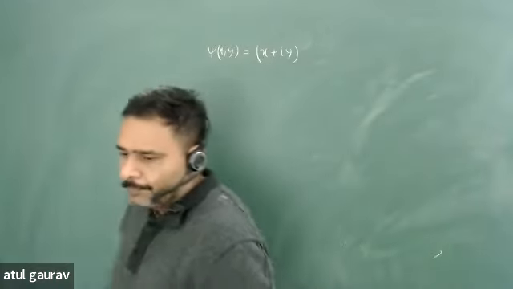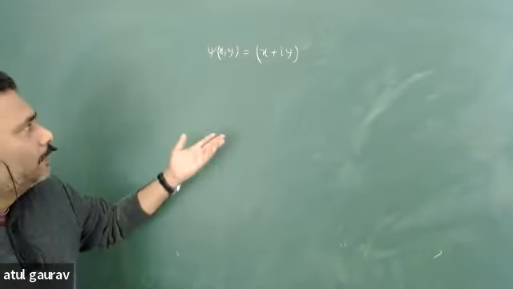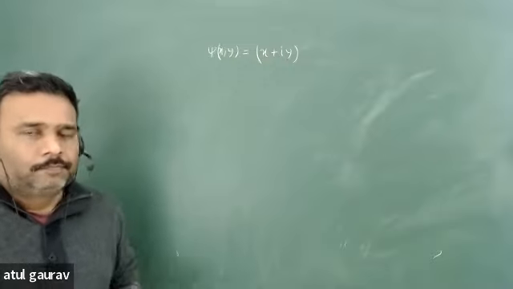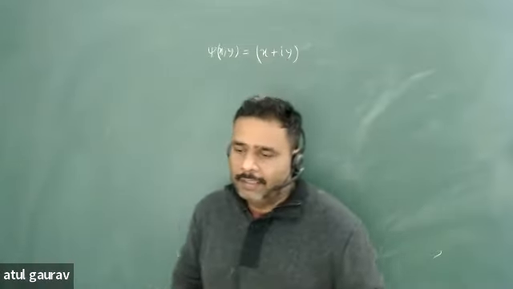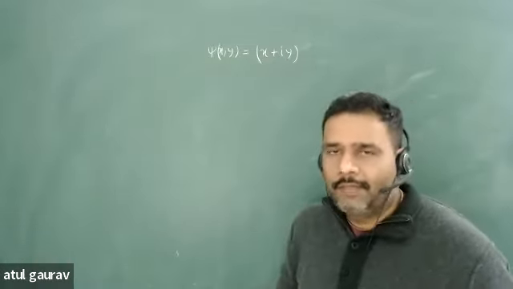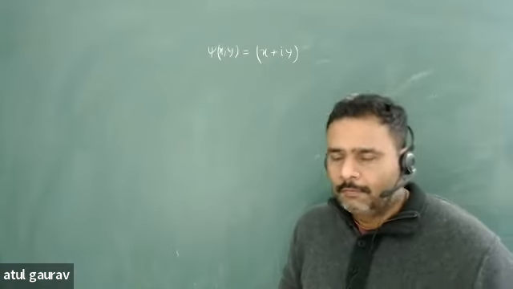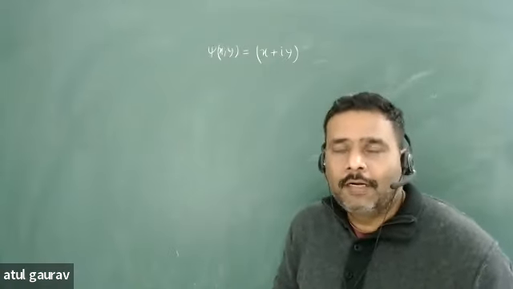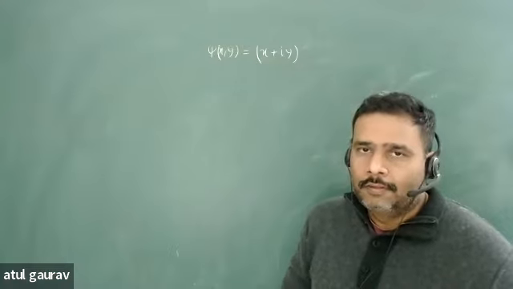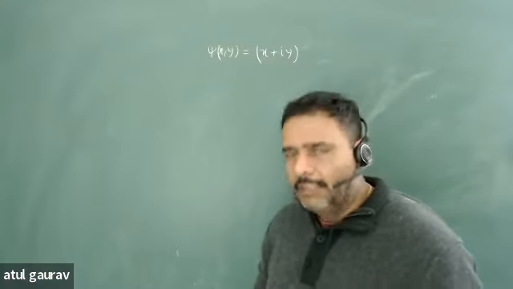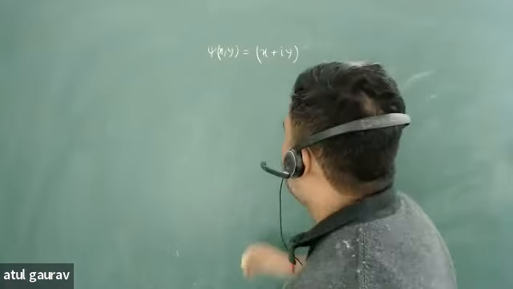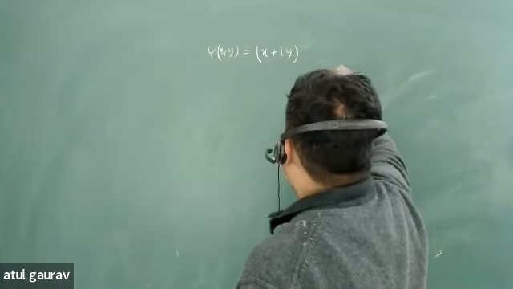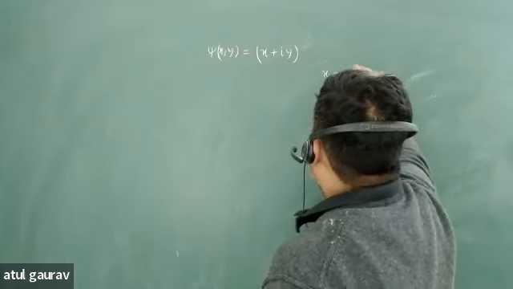So if Lz is measured, what will be eigenvalue? Question क्या है? If Lz is measured, what will be eigenvalue? So पहला काम क्या करना होगा? एक्स और वाई को स्फेरिकल पोलर कोऑर्डिनेट में लेके जाओगे. तो जैसे ही आप x और y को स्फेरिकल पोलर कोऑर्डिनेट में लेके जाओगे, x is equal to what?